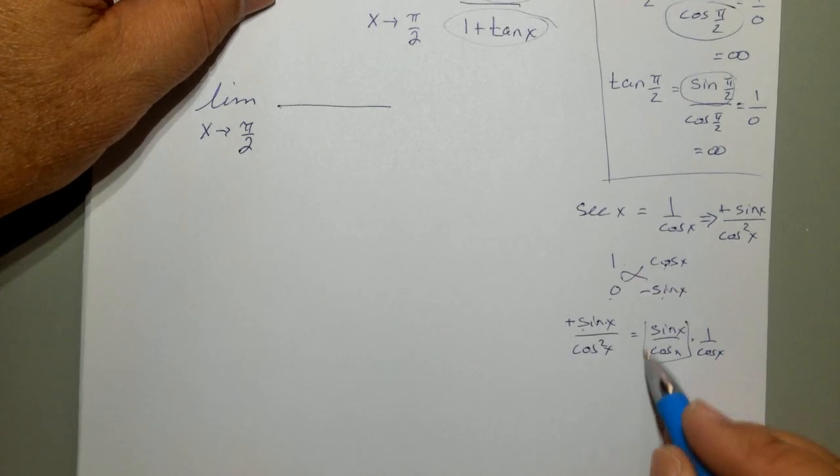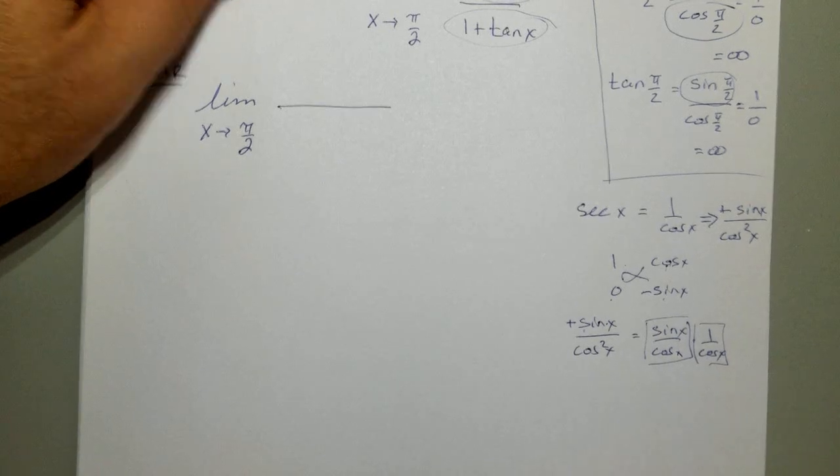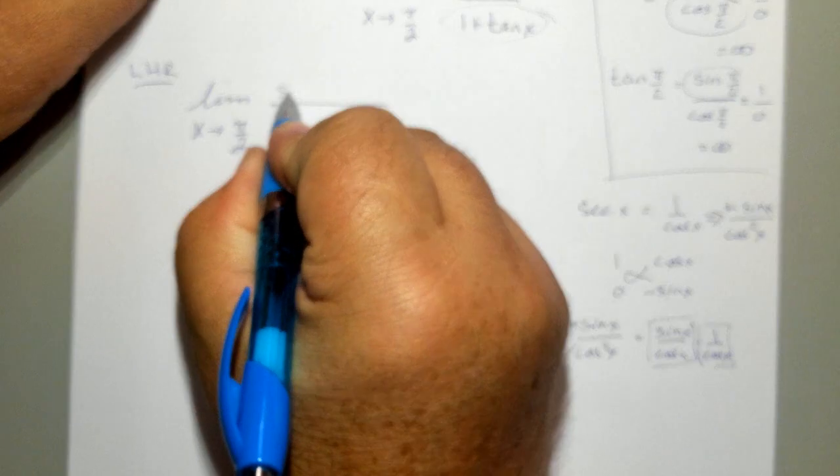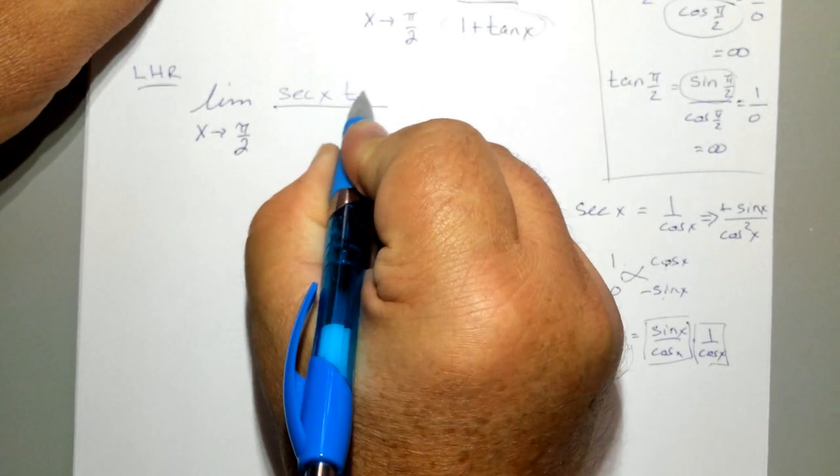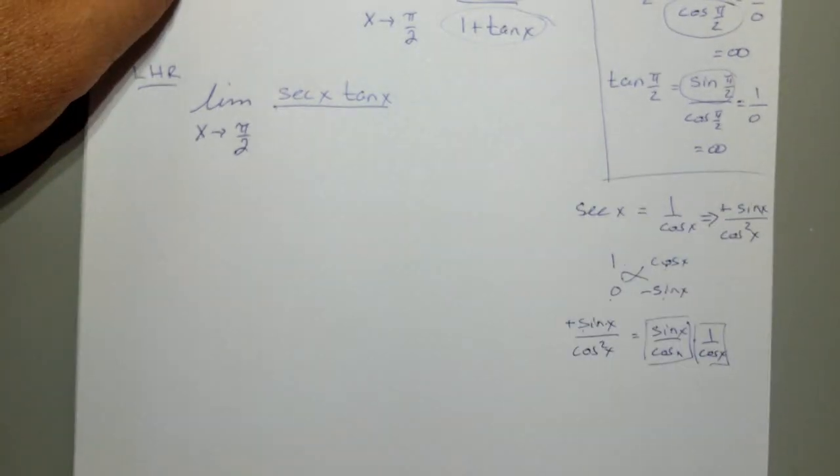So we have sine over cosine times 1 over cosine. So we have tangent times secant, or secant x tangent x.